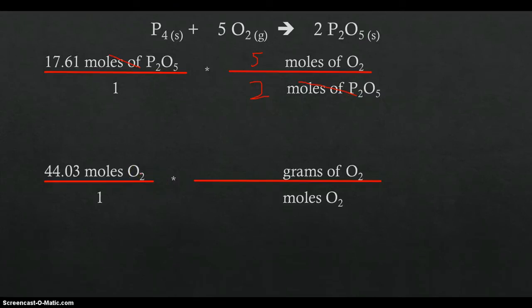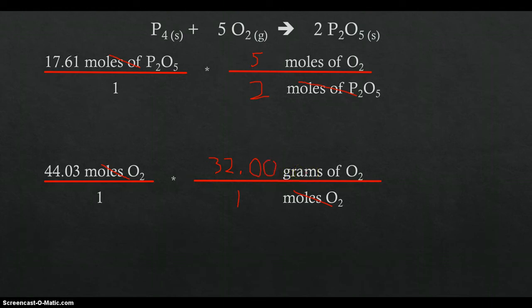And now that I have moles of oxygen, I have the right substance. Now what I need to do is convert from moles to grams. So I put moles on the bottom. Moles are going to cancel out, and moles is always 1. In 1 mole, how many grams are there? I'm going to go to the periodic table, and this should be 32, because remember, each oxygen is 16, and we have 2 of them.